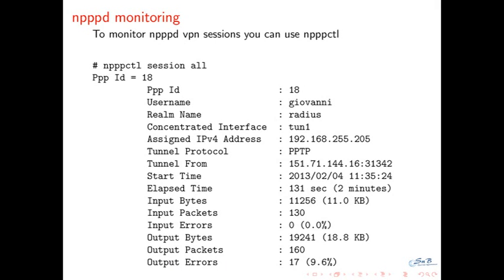Then you can use npppd's userland counterpart, which is npppctl, to monitor the status of your VPN. You can see the username, the realm, the concentrator interface, which will be tun or pipex 1, 2, etc., your assigned IP address, the protocol, the public IP address, and some information about packets which pass through the VPN.